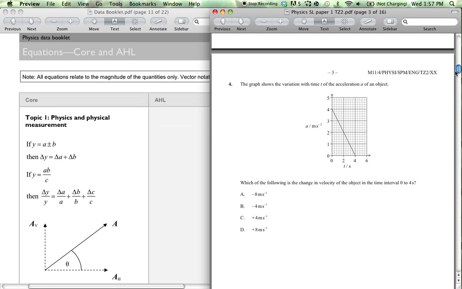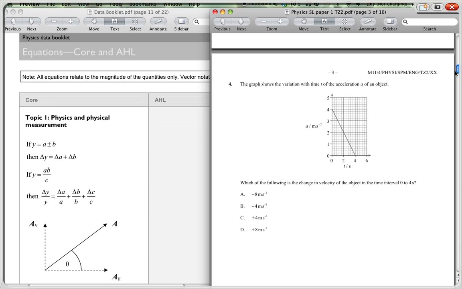Alright, here we have a graph that shows the variation with time t of the acceleration a of an object. It says, which of the following is the change in velocity of the object? Now, when we're dealing with graphs, usually we're looking at either the slope or the area. And we know that for an acceleration-time graph, our area is equal to our velocity.